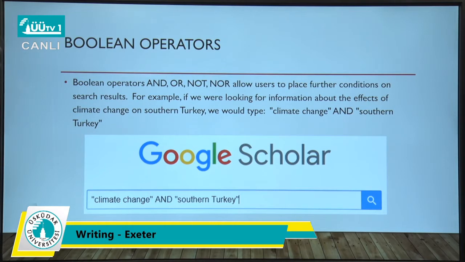We have the words climate change and we have the words southern Turkey. As I mentioned before, you should put these two phrases in quotation marks. What do we call and? We call and an operator here. So we have climate change, we have southern Turkey, and we have and between them as an operator. And as I mentioned before, we should put them in quotation marks.